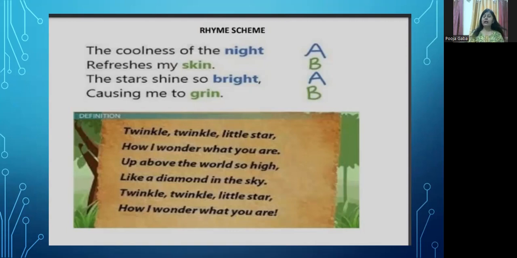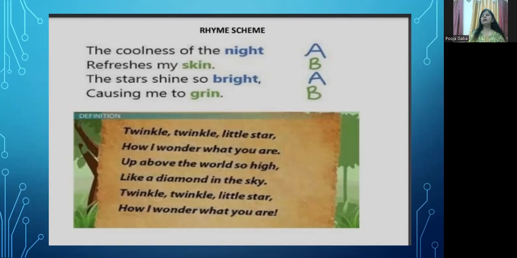Now in the fifth line, again we get the star which has already come and we have given the letter A. So this again will get A. And the next word also R is again rhyming with star. So this also will get A. So here the rhyming scheme will be AA, BB, AA. And same way it will continue in the whole poem.